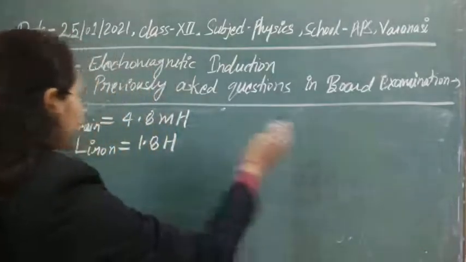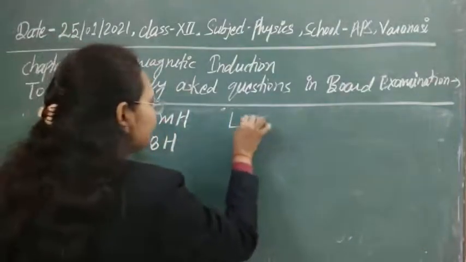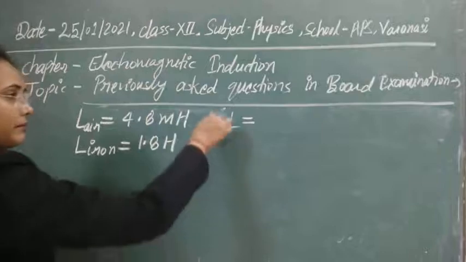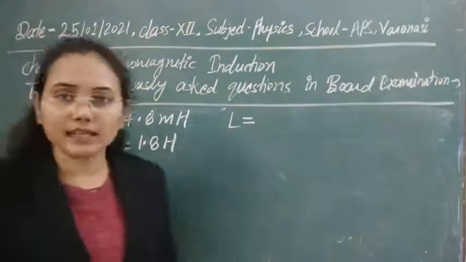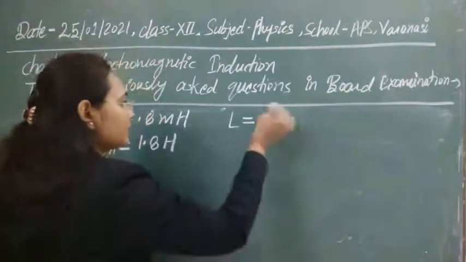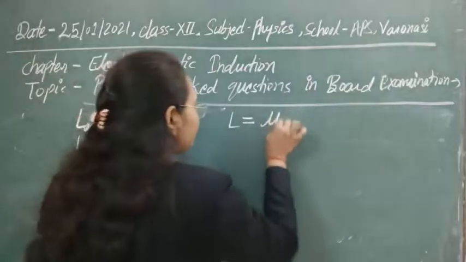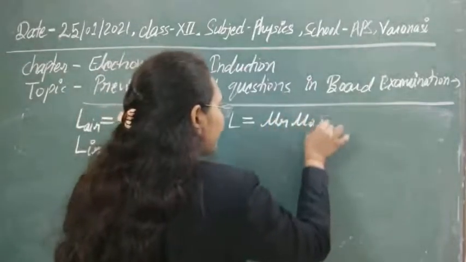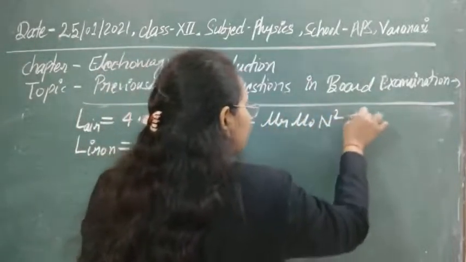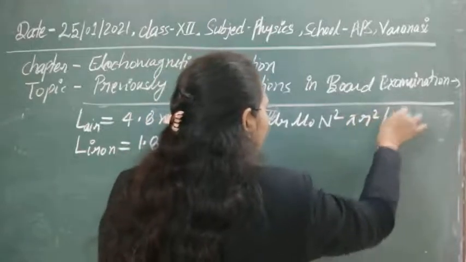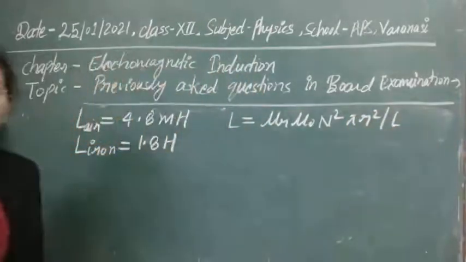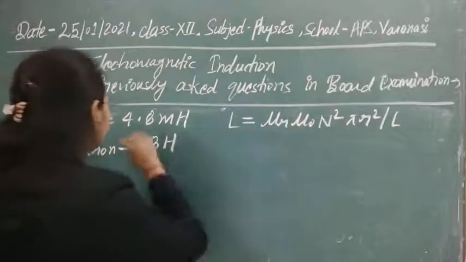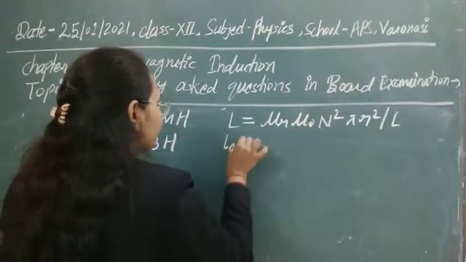As we have discussed, the self-inductance in the case of a solenoid is given by the formula mu r mu 0 n square pi r square upon L. Clear? So let's write it for air.